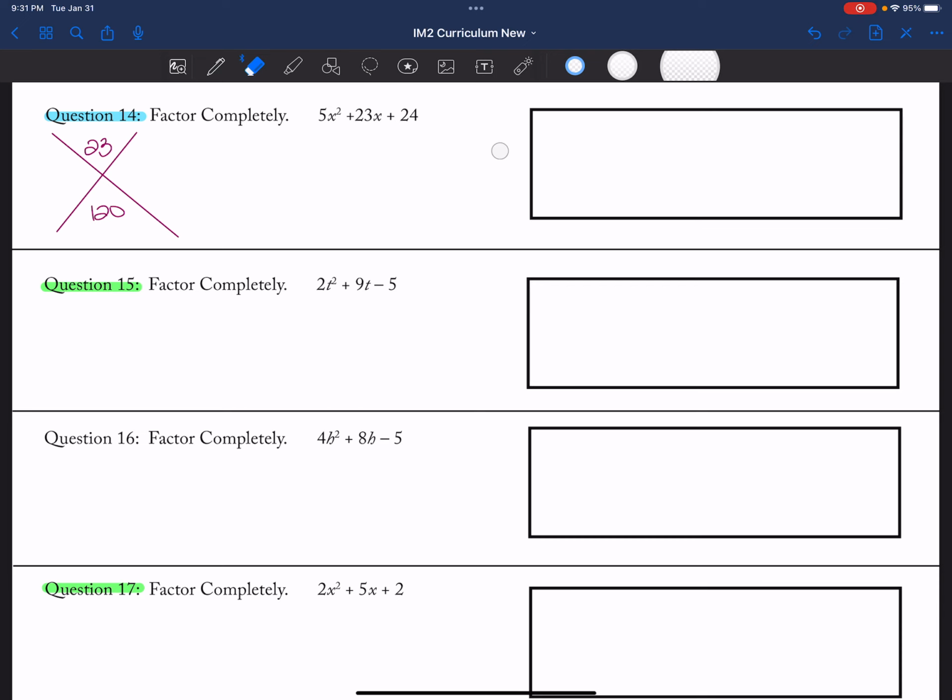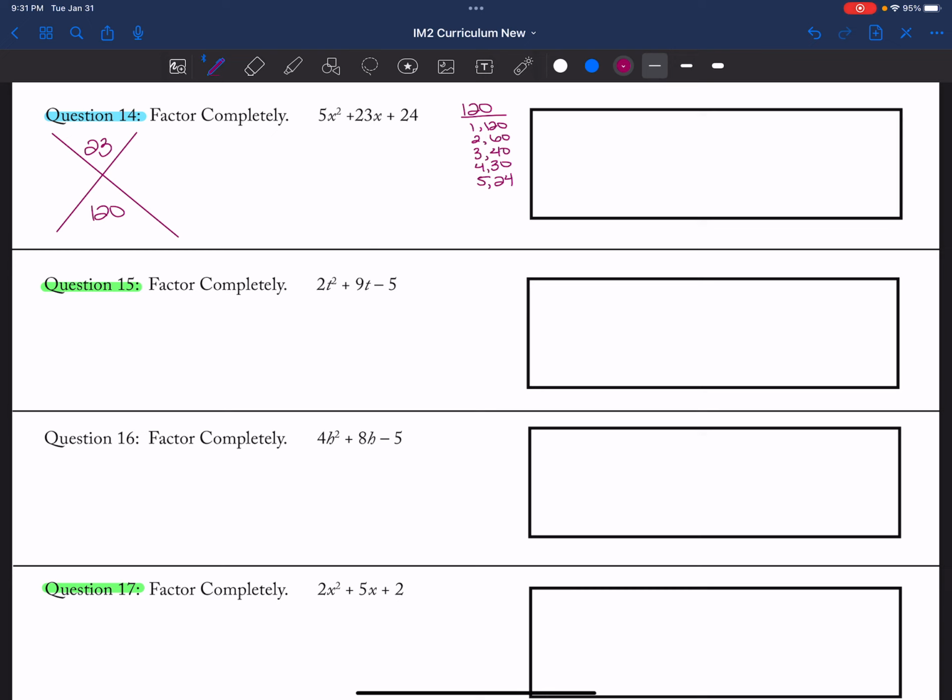So then I need to find factors of 120. So that's 1 and 120, 2 and 60, 3 and 40, 4 and 30, 5 and 24, maybe.